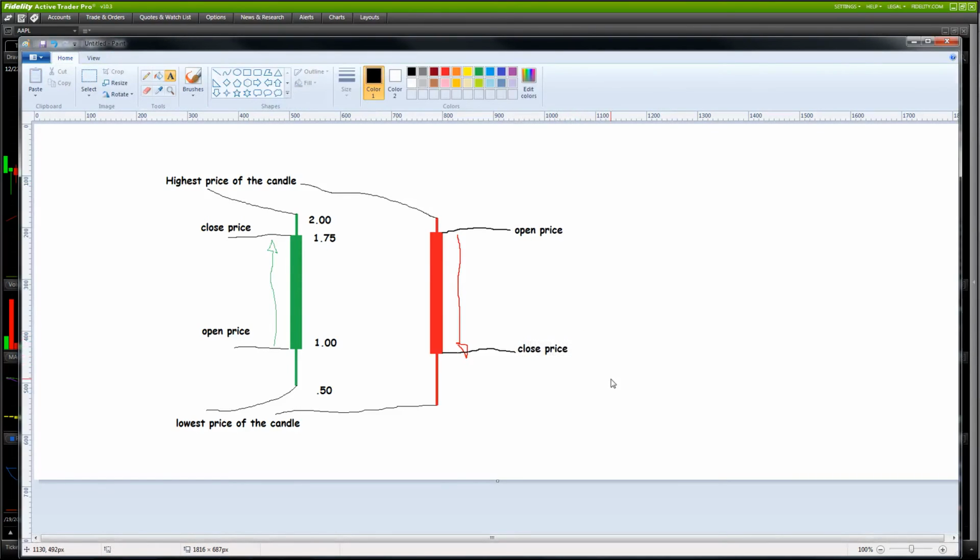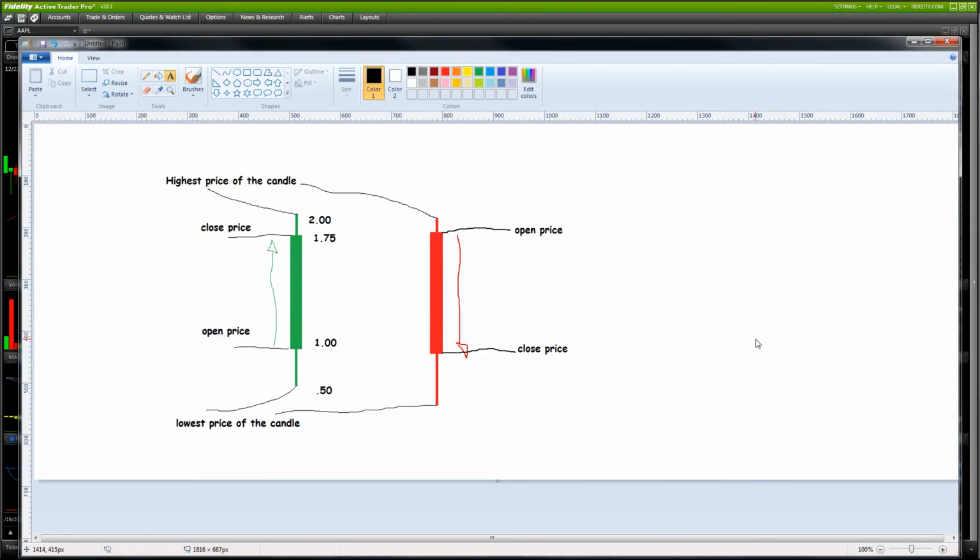So now you guys can see that these red and green candles represent a specific price over a specific duration of time, whether that be 5 minutes, 10 minutes, 1 day, or 1 week worth of price action.